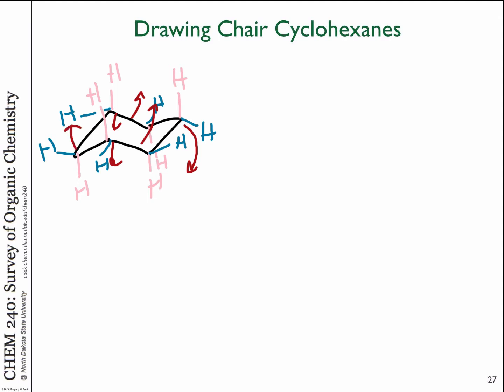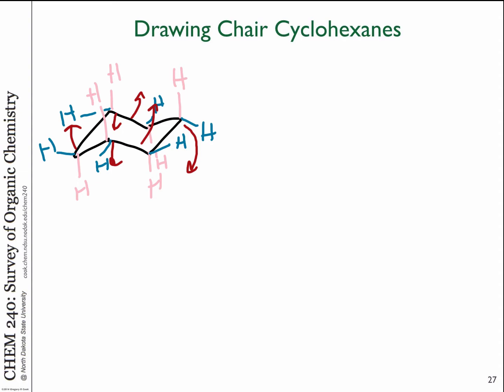And if I do that ring flip, every carbon position changes. Every axial bond becomes equatorial, and every equatorial bond becomes axial. So let me draw that and show you how I would draw that.